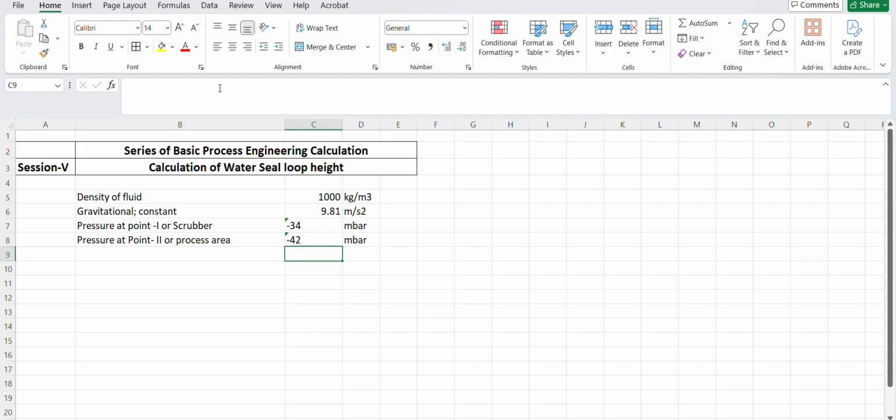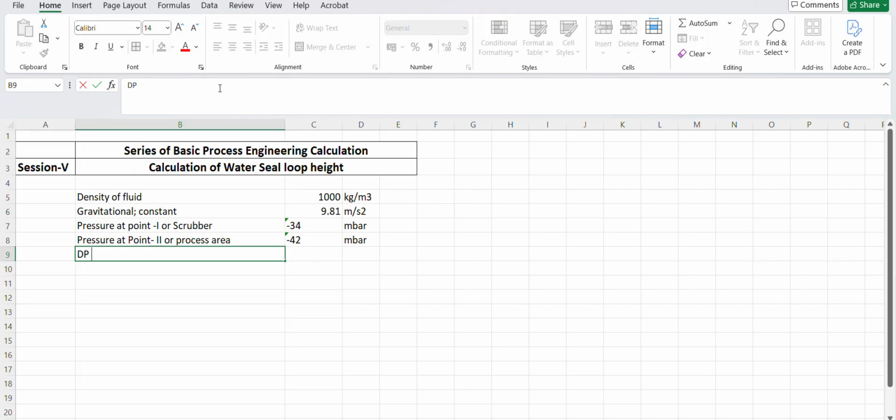So in case of power failure, the fluid from the scrubber may flow towards the reaction or process area in case of vacuum loss. So we calculate the dP value required to break the water seal.